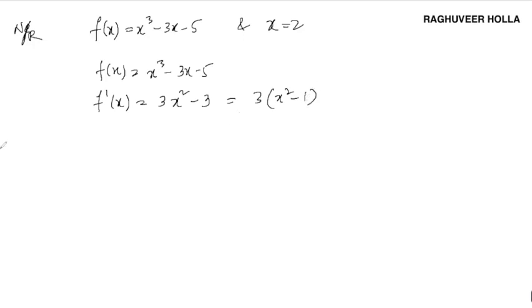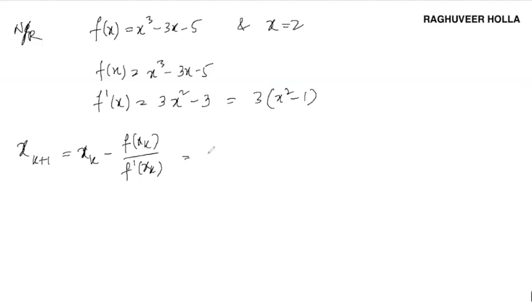The general form to find the roots is x k plus 1 equals x k minus f of x k divided by f dash of x k.